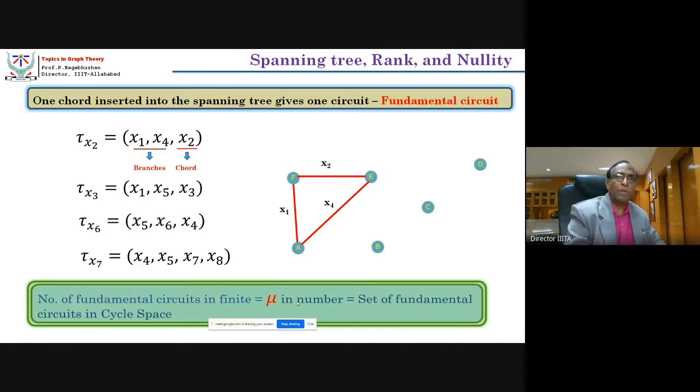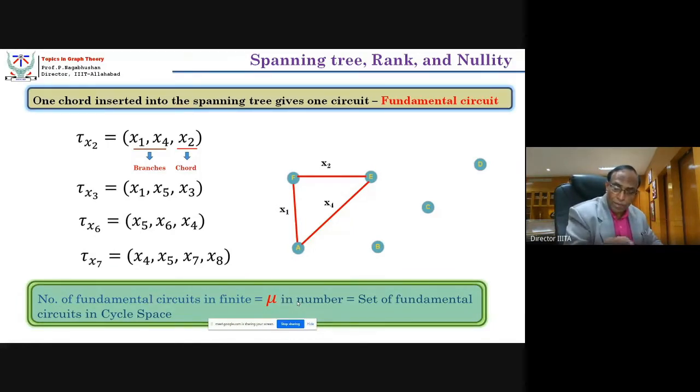Fundamental circuits are defined with reference to only a given spanning tree. And this fundamental circuit set will always be finite in number. No doubt the total number of circuits is also finite, but these are more important because these are all derived with reference to a particular spanning tree.